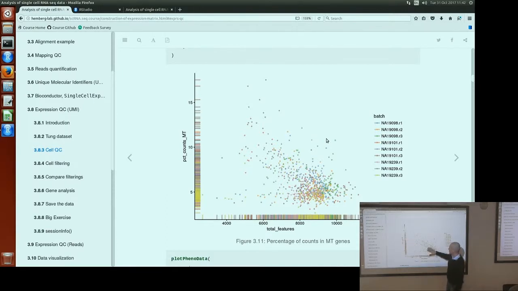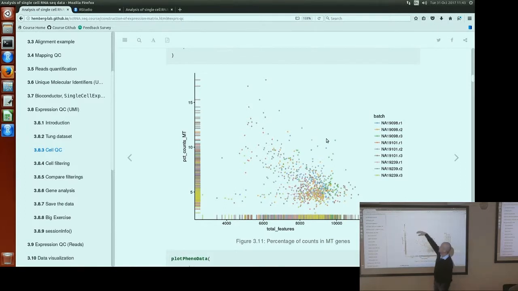So this plot shows us that the majority of the cells have only 5% of counts in their mitochondrial genes. If you sum up all the counts in mitochondrial genes and divide them by the total number of counts in the cell, this will be 5%, right?